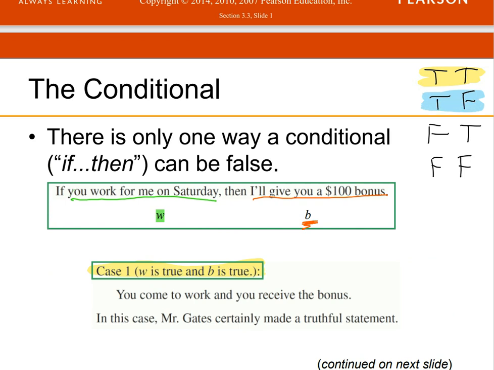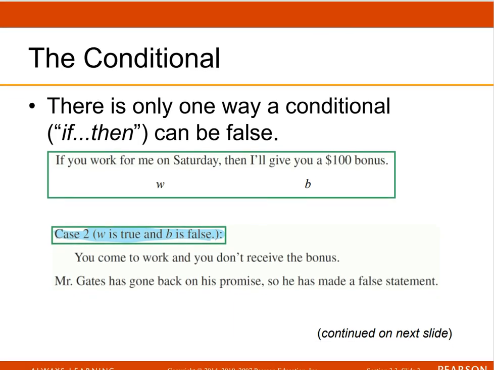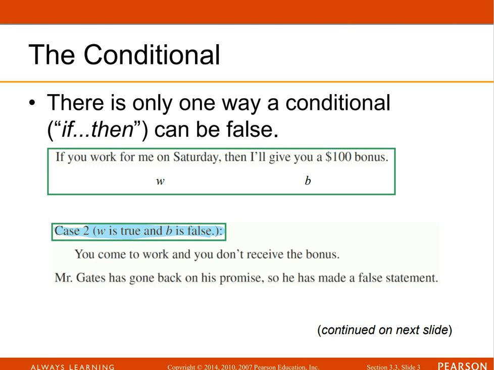So this is a situation where you went into work on Saturday, but B is false. The boss did not give you, you don't receive your bonus. So Mr. Gates, that's the boss, went back on his promise, so he made a false statement.